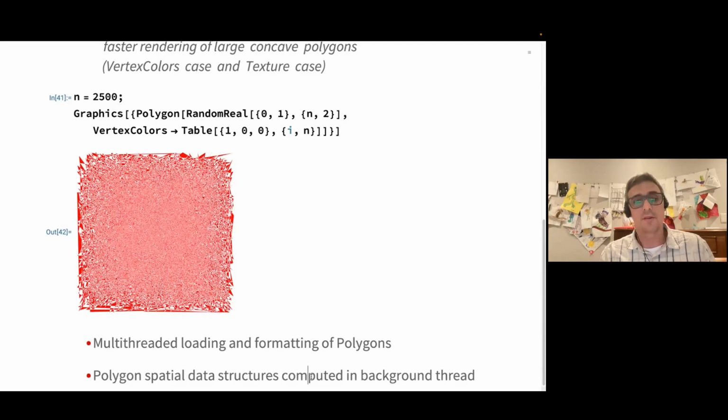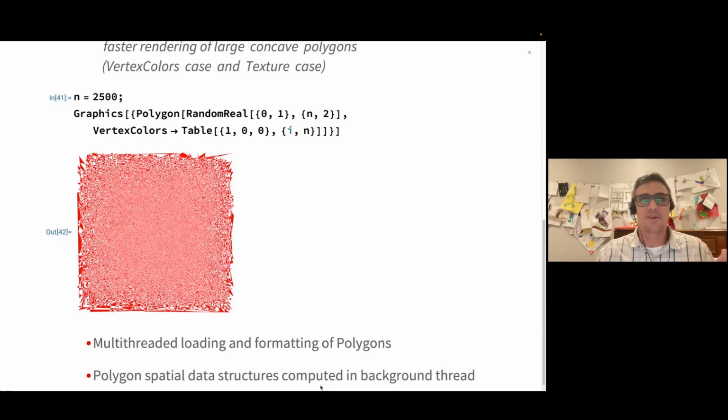We also employ a background thread for when we construct certain spatial data structures for things like hit testing, or when you move your mouse over and you want to do mouse overs that are responsive. We set up data structures on the polygons, and those are computed in the background.